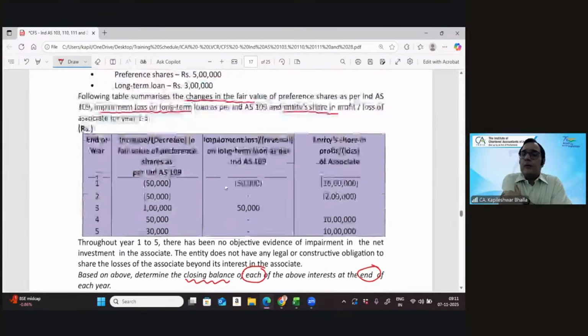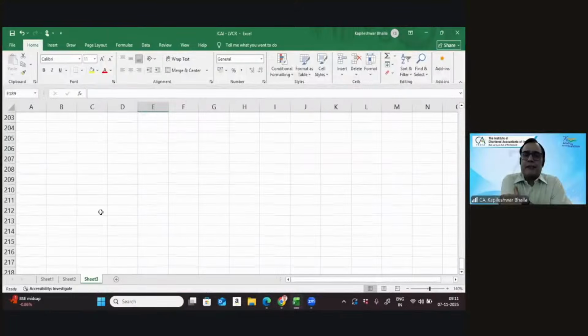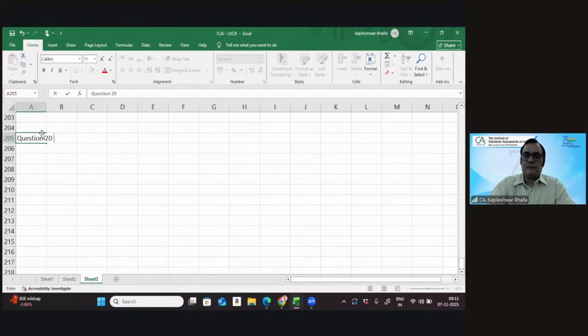I will be needing your inputs in between as well, but let's begin the journey step by step. So we are on question number 20. At the first instance, let's organize a column for all these investments.